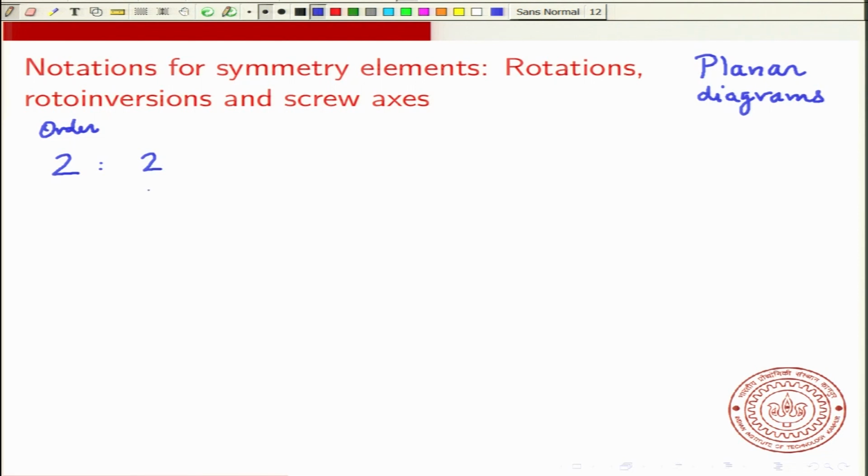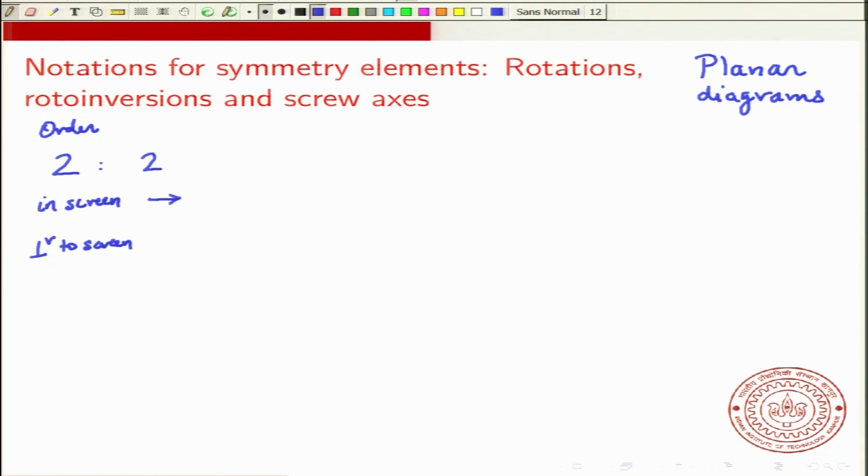Then the notation that is used is, you could have a two rotation either in the screen or perpendicular to the screen. Now if it is in the screen, a two-fold axis of rotation that is in the screen is shown by this arrow, a line with an arrow.